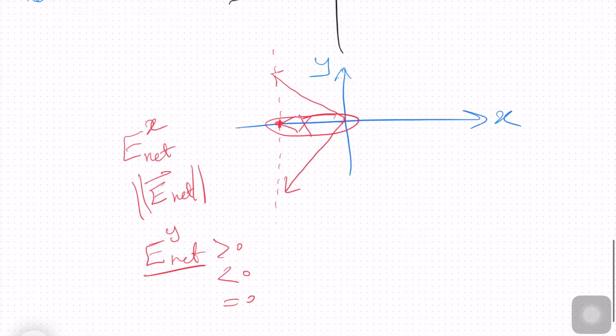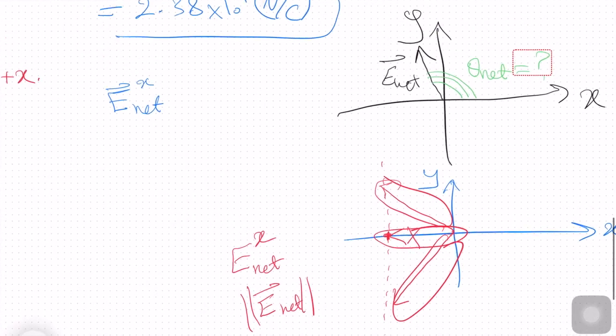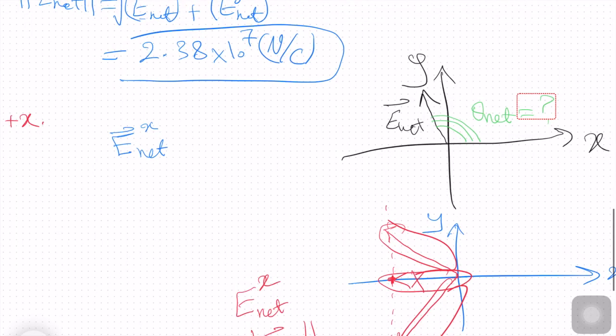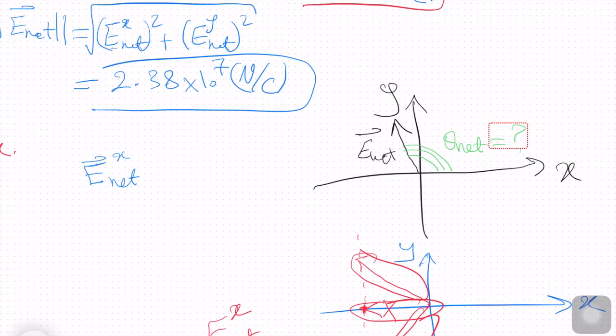If it's equal to 0, then this is your solution, really. If it's positive, you pick this solution, and if it's negative, you pick this solution. Okay? All right. So let's do this.